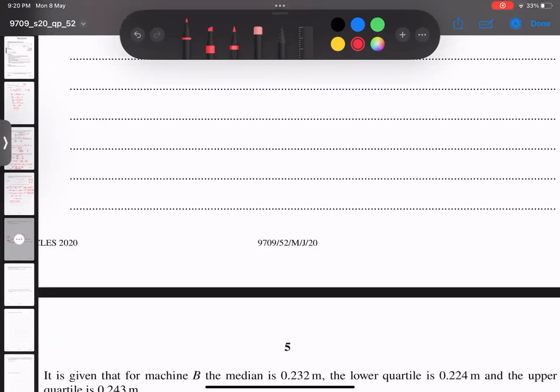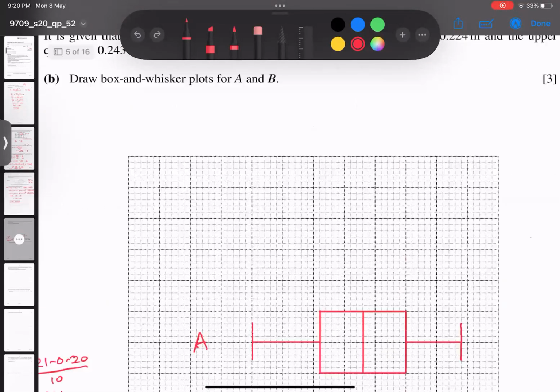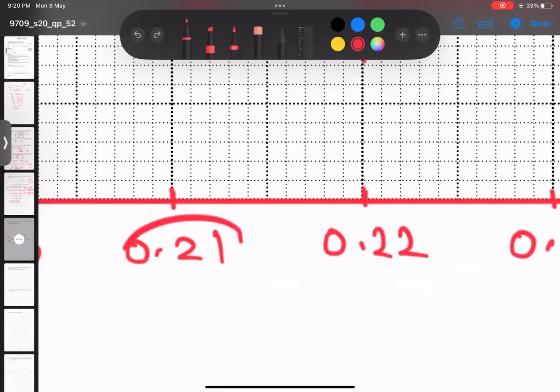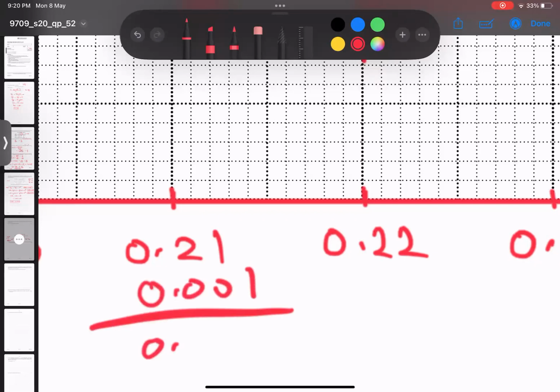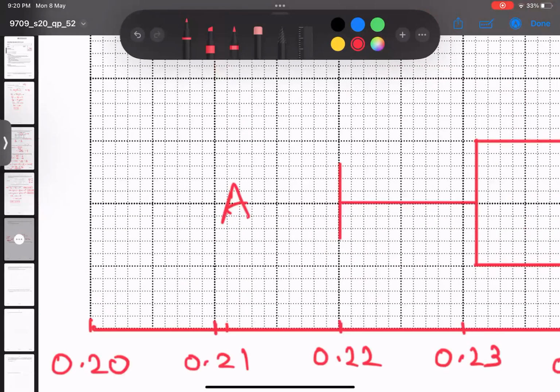For B, the lowest value, get it from here: 0.211. So 0.21 is here, and the 1 means 0.001. If I add 0.211, it means one box here. I believe all points are very clear on why I'm saying it here.